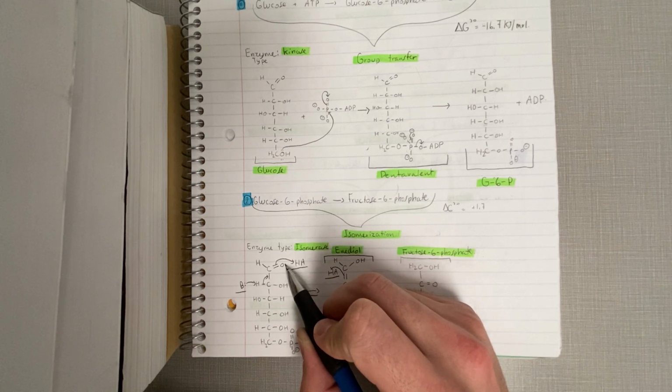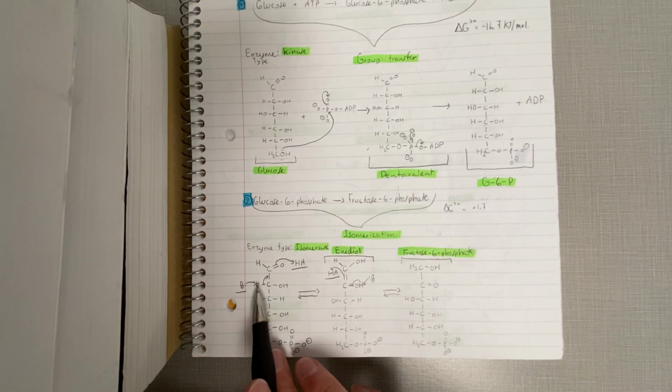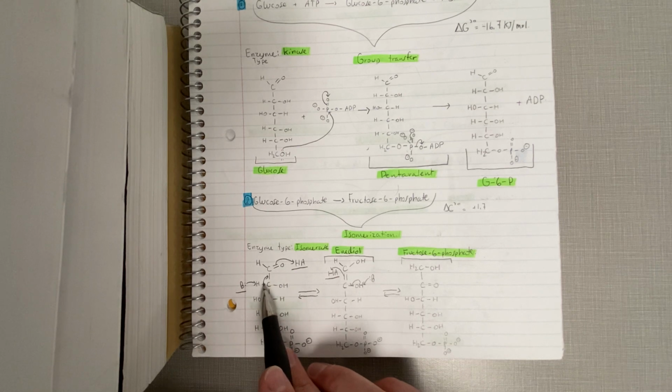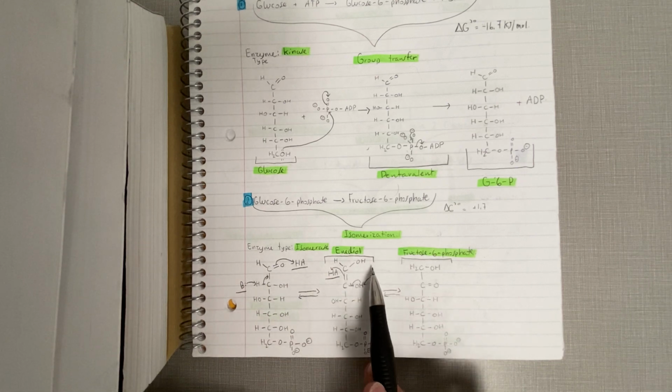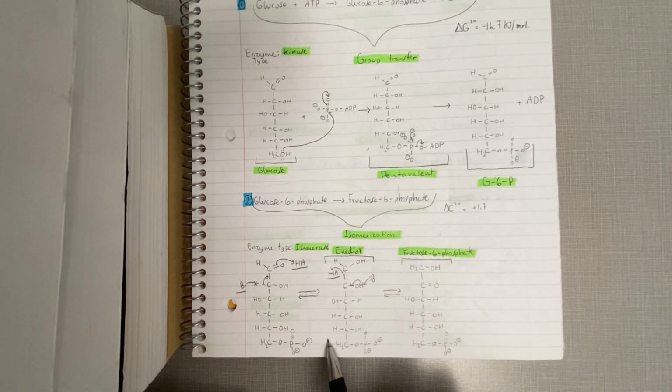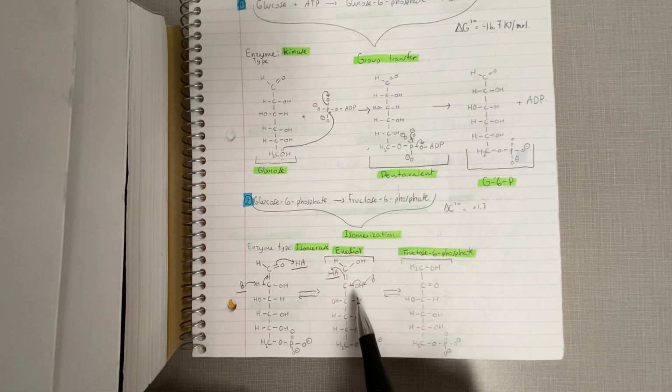Then we have a base deprotonate this hydrogen from this carbon for this bond to roll down and create a carbon-carbon double bond. Now we have an ene-diol intermediate. An ene-diol has 2 hydroxy groups bonded to a carbon-carbon double bond. So this is our intermediate.